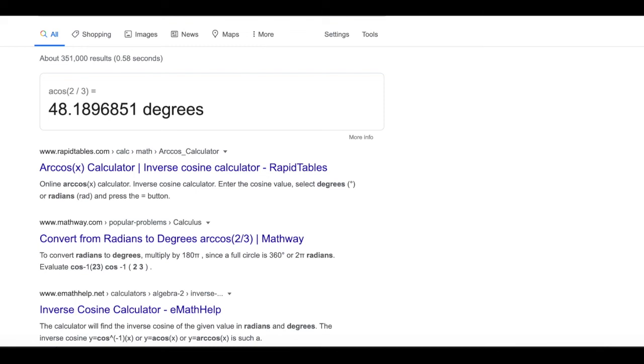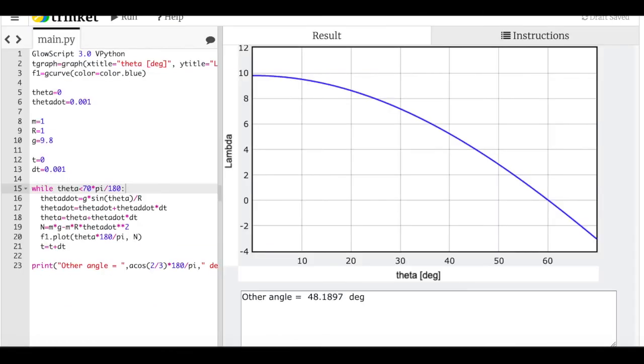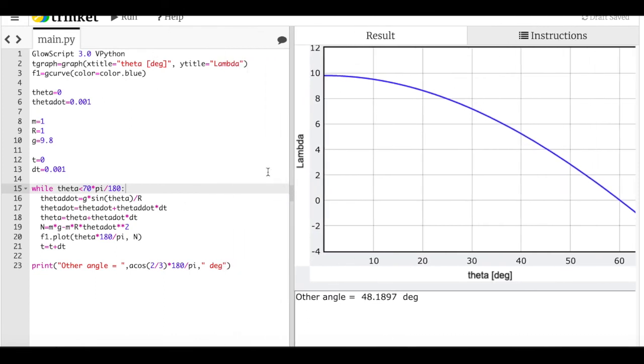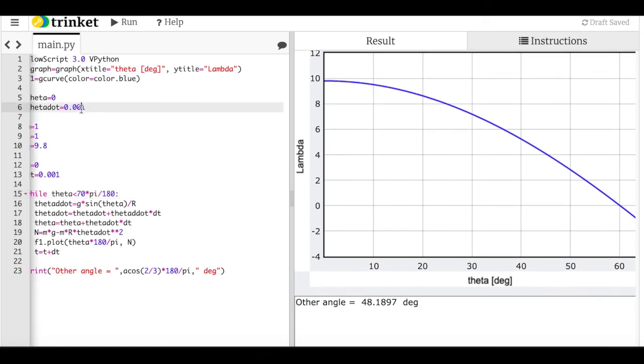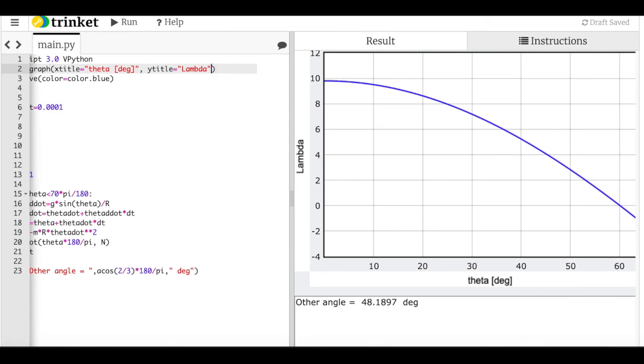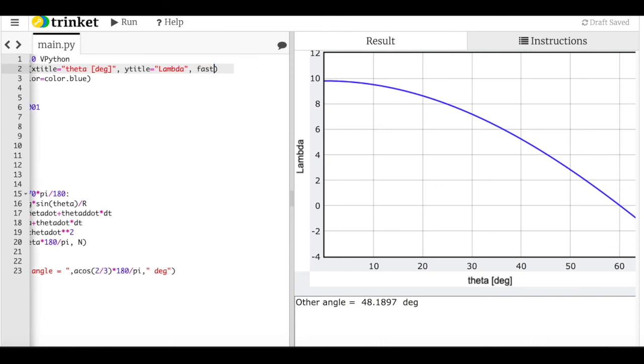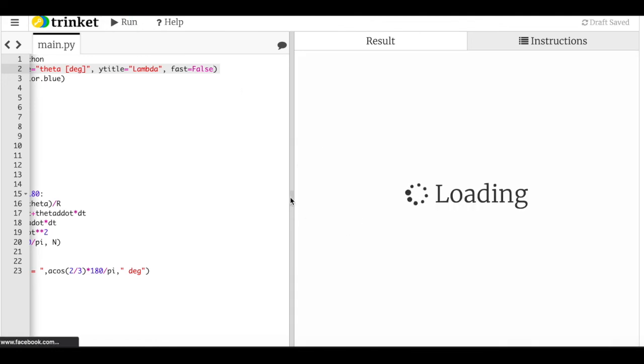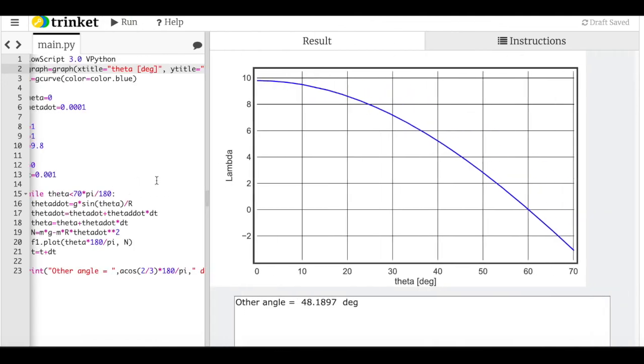Okay, let's go back over here. Let me do one other thing. What if I make the time interval smaller? Fast equals false. If I do that in the graph, it uses this plotly graph.